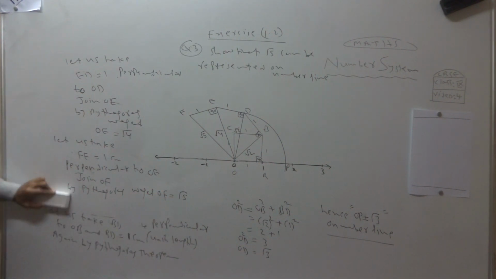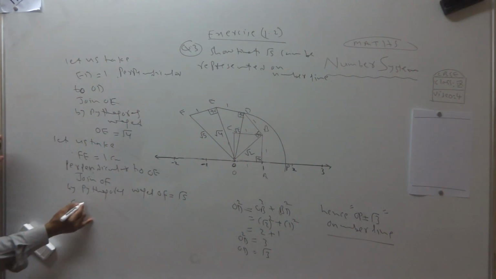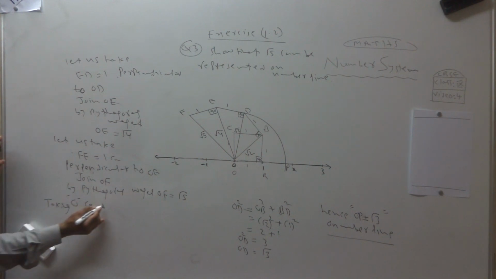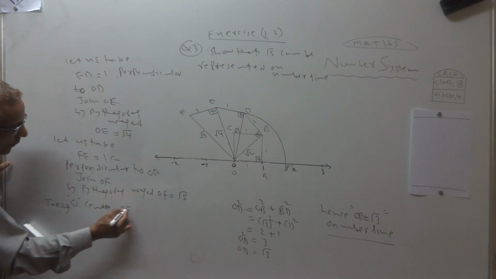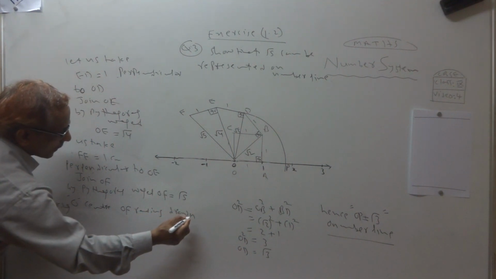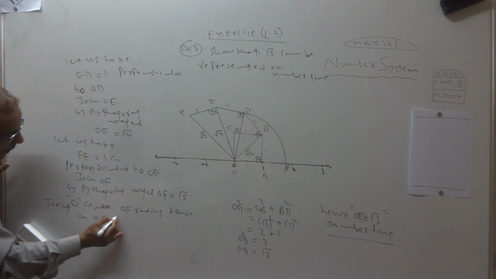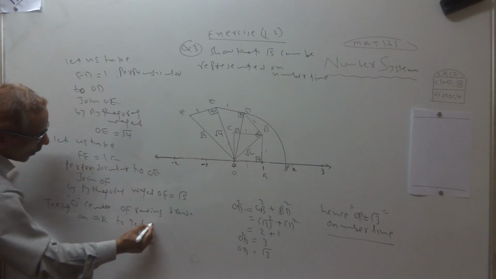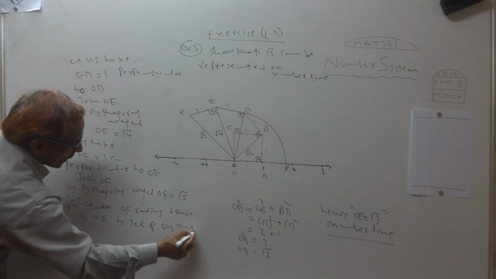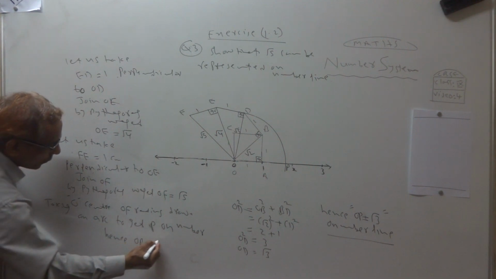So finally, taking O as center and OF as radius, draw an arc to get P on the number line. So that OP will be the value of root 5.